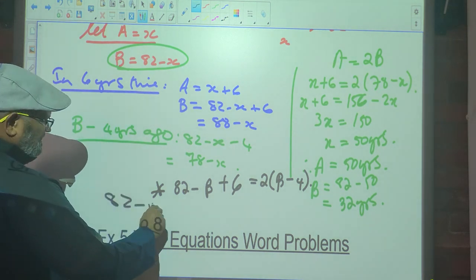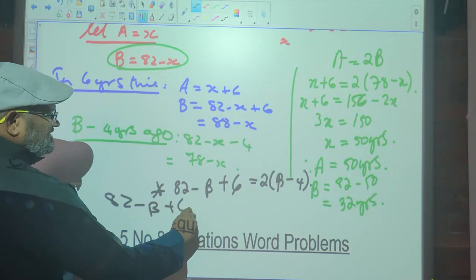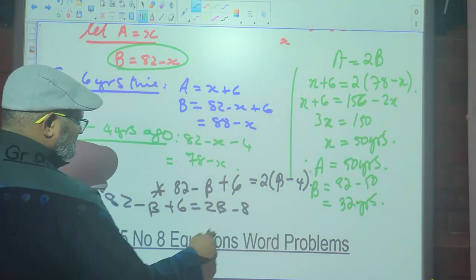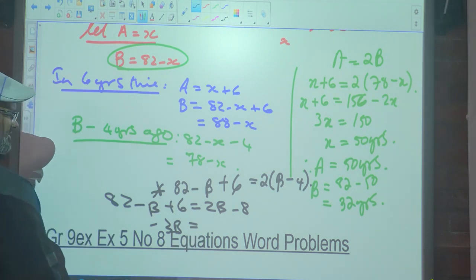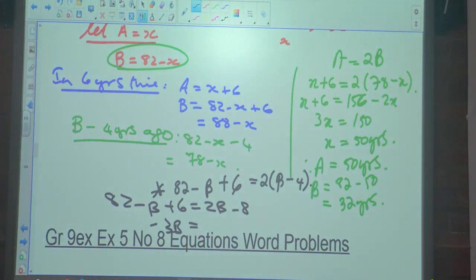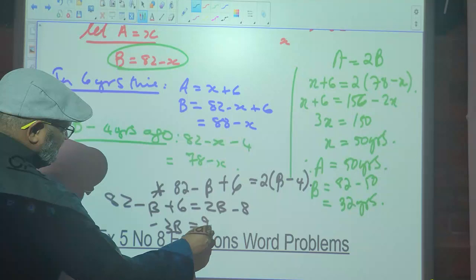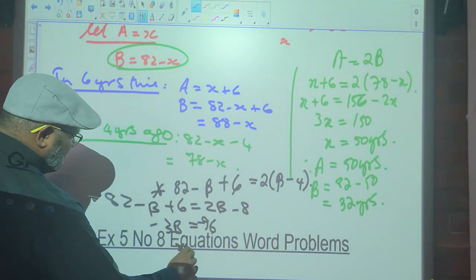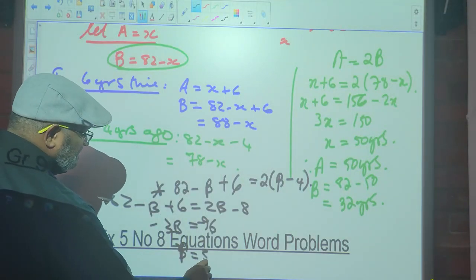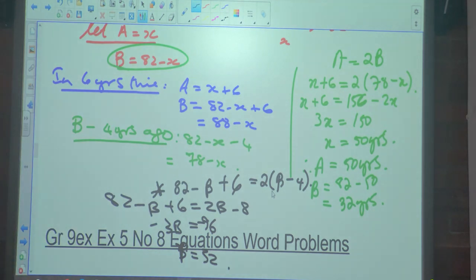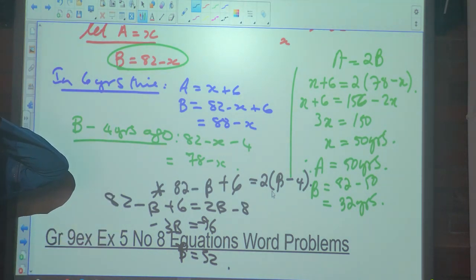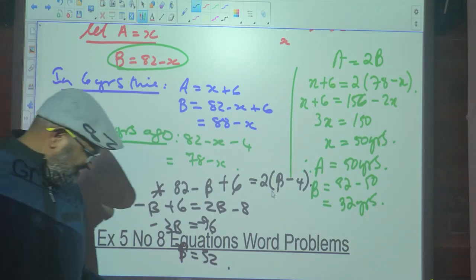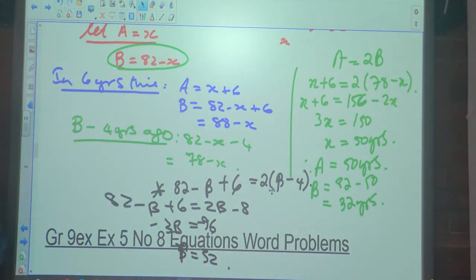And 2 times 82 minus B plus 6 is equal to 2B minus 8, yes? And you just solved for B here. Okay? So B works out to be 32. And you set this up straight out of your head. Wow. Anybody else got the easier way?